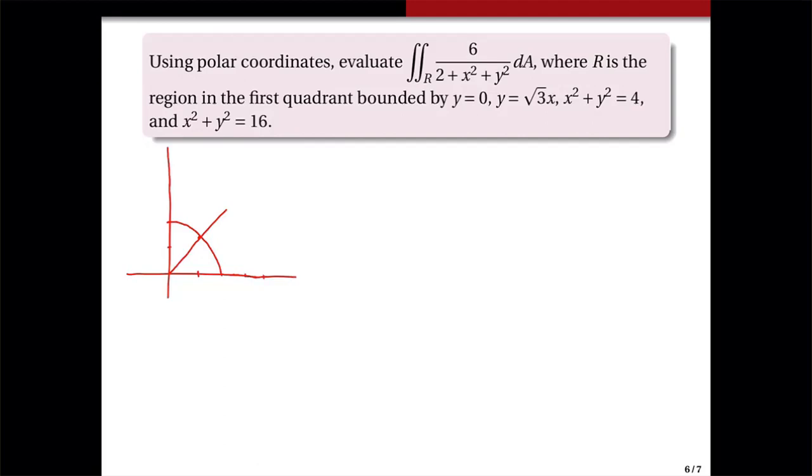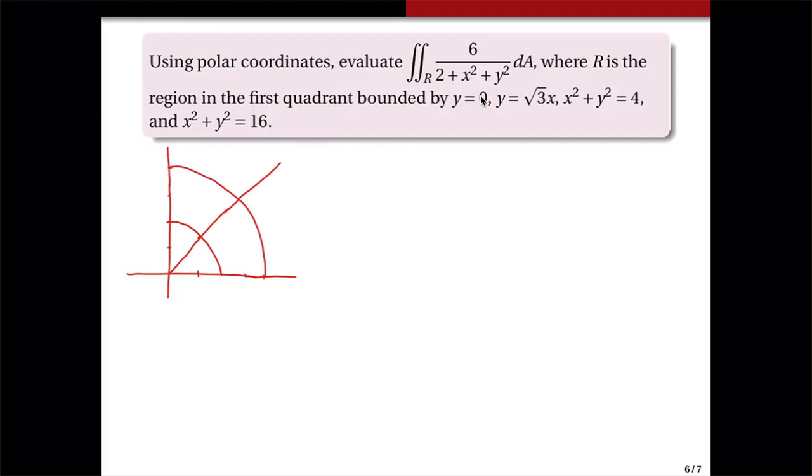If we extend this line here, and then 3, 4, maybe we will get this circle here. Of course, you can extend this to the whole circle. This one here is also a whole circle. But since we are only interested in the first quadrant, let's just look at the first quadrant.